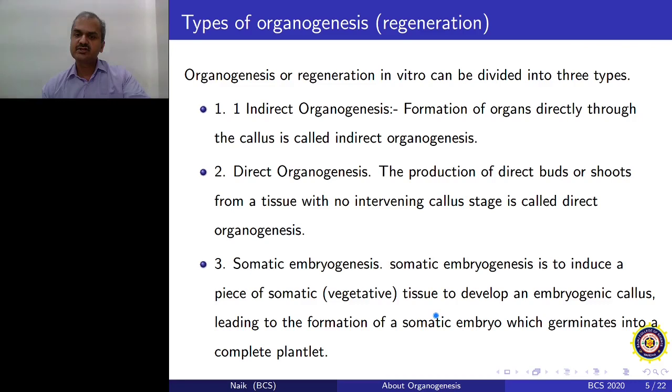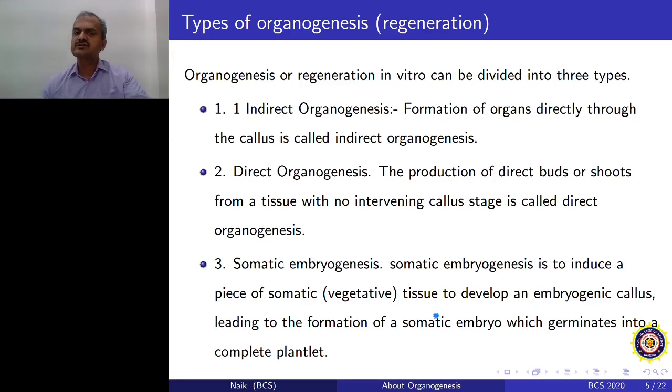So in direct somatic embryogenesis you will have a lot of clusters of embryoids which develop on your leaf surface or on the stem surface, and these embryos further proliferate and develop through all the stages which we have discussed in the last lectures, that is globular, heart shape, torpedo shape, and then cotyledonary stage.